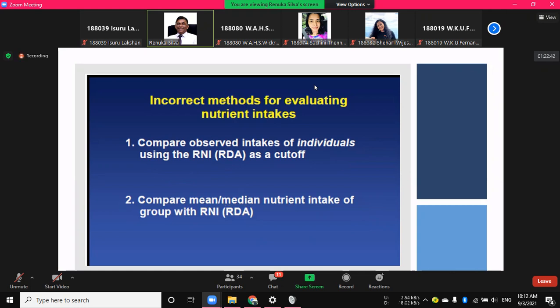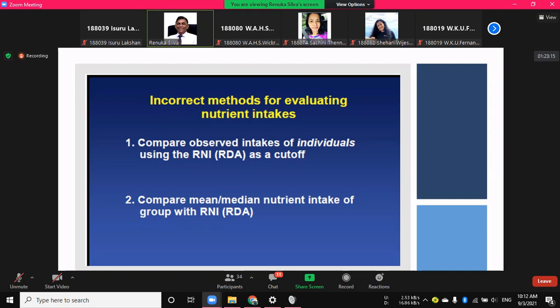What kind of nutrients need 30, 40 24-hour recalls, like calcium and vitamin A? It depends on the variation. Certain nutrients, like energy and protein, we consume every day, but certain nutrients we don't eat the same amount every day. According to research, vitamin A, calcium, and similar nutrients, we don't eat the same quantity every day.